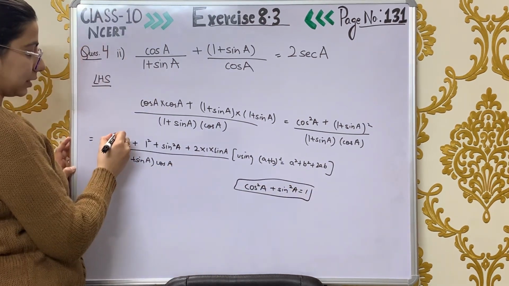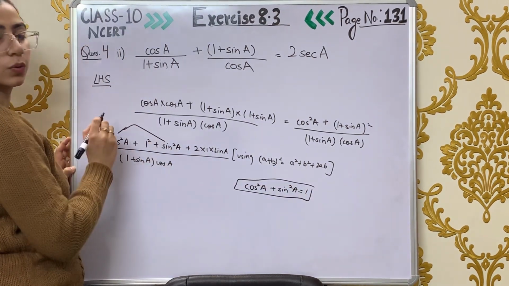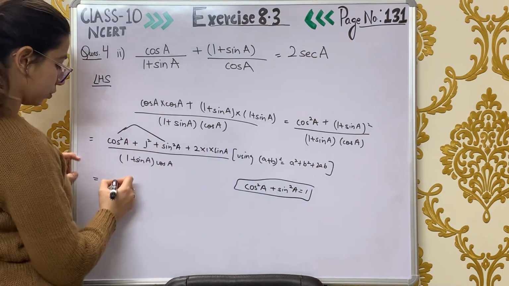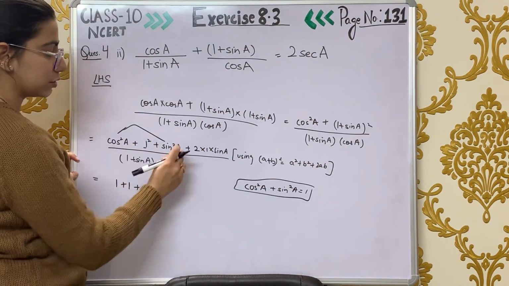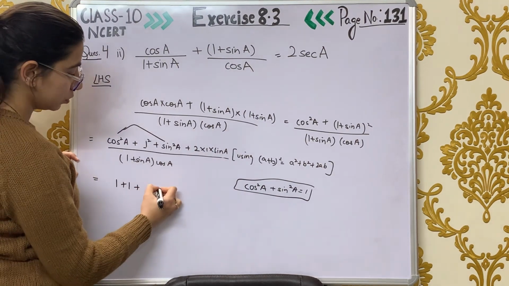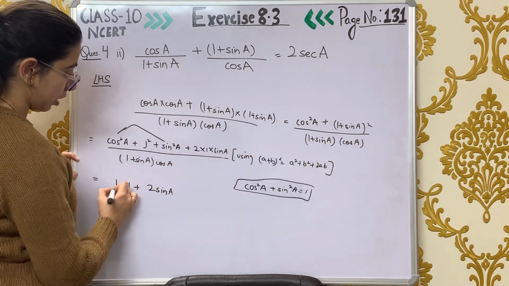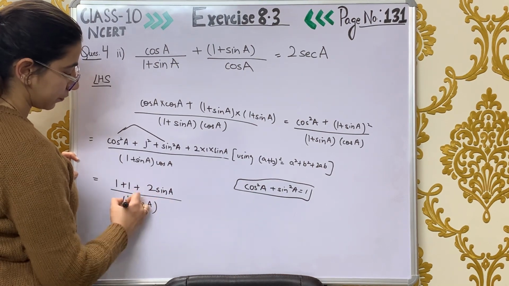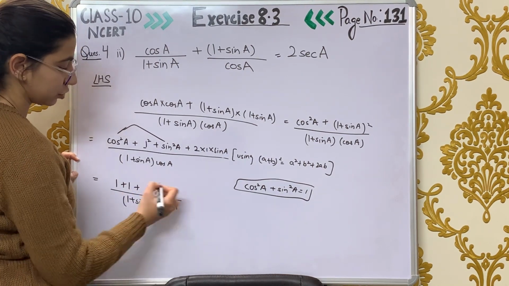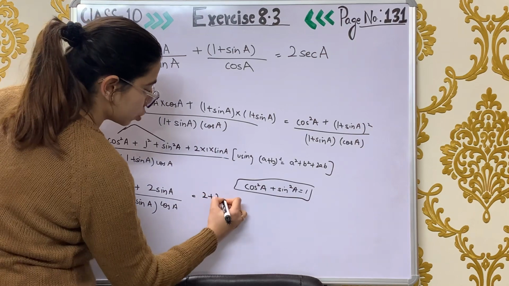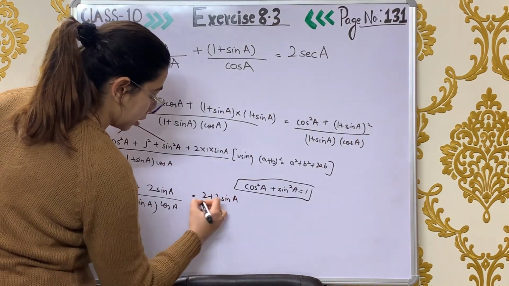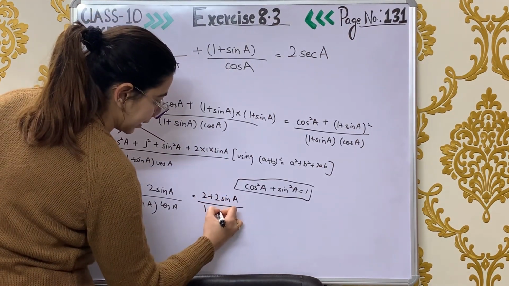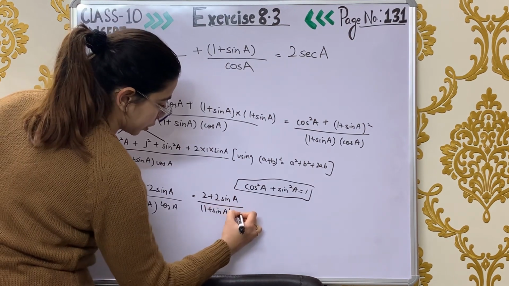So here we can say this term and this term would equal 1, and square of 1 is 1 only. So 1 plus 1 plus 2 into 1 into sin a gives us 2 sin a upon 1 plus sin a into cos a. So this is gonna be 2 plus 2 sin a upon 1 plus sin a into cos a.